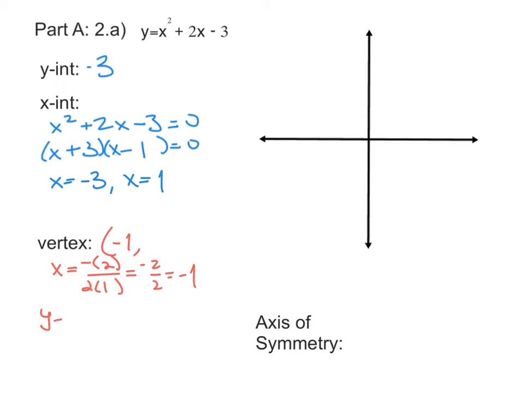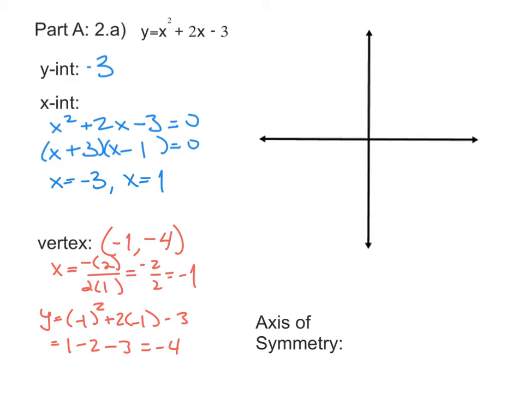To find the y-coordinate of our vertex, we have to take that -1 and plug it into the quadratic. So x squared plus 2x minus 3, just plug in -1. That'll give us 1 minus 2 minus 3, which is -4. So our y-coordinate of our vertex is at -4.